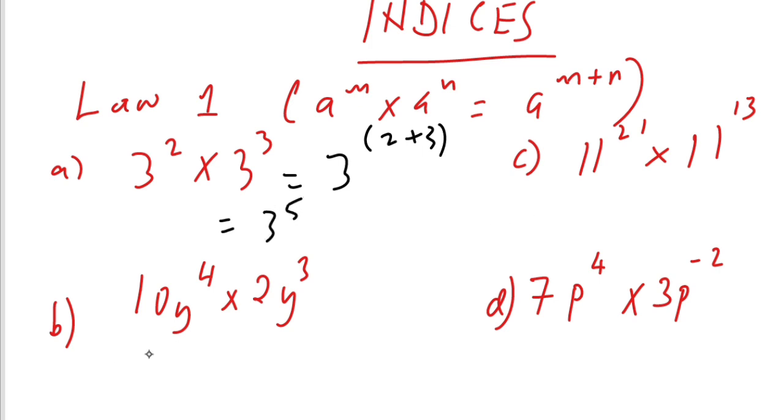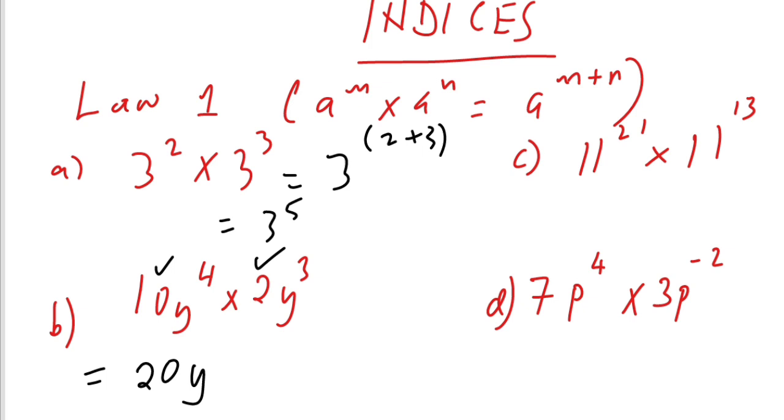So it's the same thing with the second question. Sasa the second question, question B, umeambiwa 10y power 4 times 2y power 3. So mwanzo unafaa kumultiply these numbers ambao ziko nyuma ya hizo letters, so you need to multiply those numbers first. So if I take 10 times 2, it gives you 20.